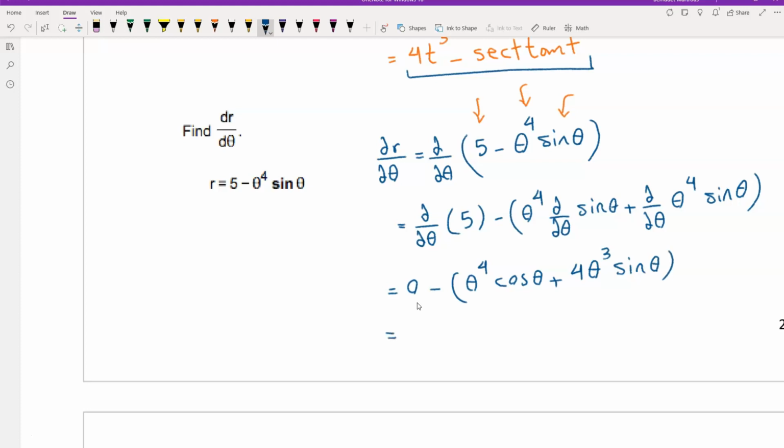So our answer is negative theta to the 4th power times cosine, minus 4 times theta cubed times sine theta. So here is our final answer for this part.